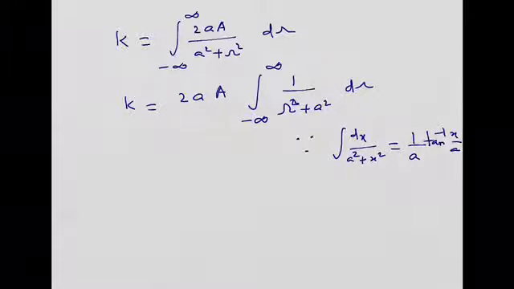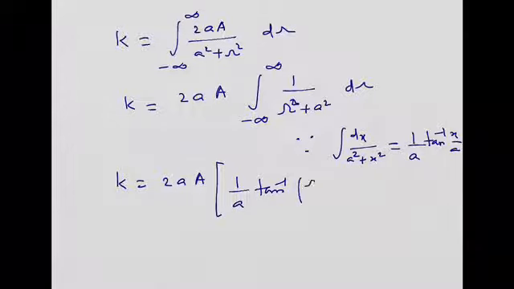Please recall that it is possible for us to write like this. So using that, the integration is simply rewritten as 1 by a tan inverse of omega by a, right, where the lower limit is minus infinity, upper limit is plus infinity.